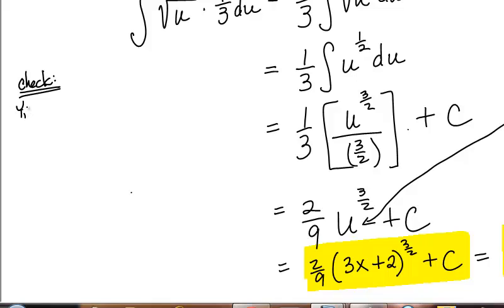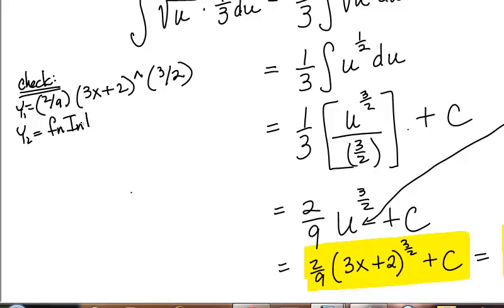If I was doing one of the checks, I'd do y sub 1, I'd put in the 2/9 times the quantity 3x plus 2, and raise that to the 3/2 power. In y sub 2, I could do the FNINT, the function integral, and then parentheses, the square root of 3x plus 2, that's the original problem, close the parentheses, comma x, comma 0, comma x, close the parentheses.